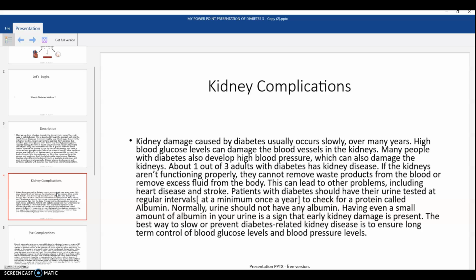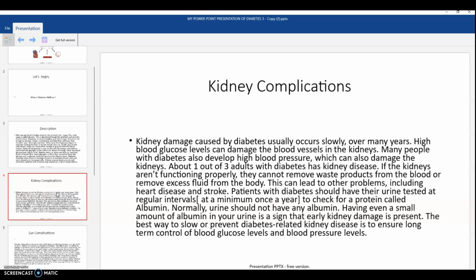And this kidney disease affects our kidneys in their functionality, and it also causes them not to remove waste products from the blood or remove excess fluid from our body. And this leads to some problems like heart disease and stroke.